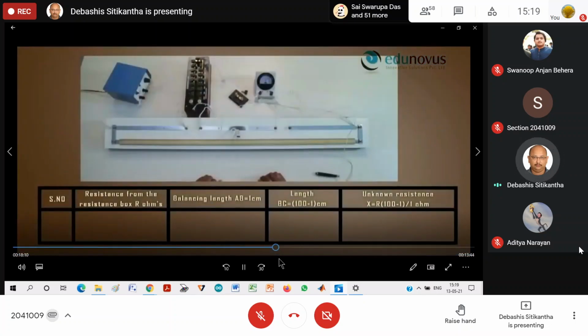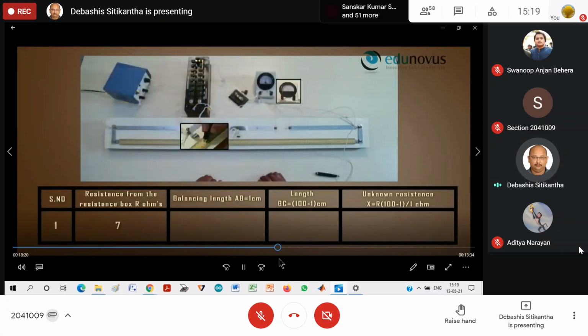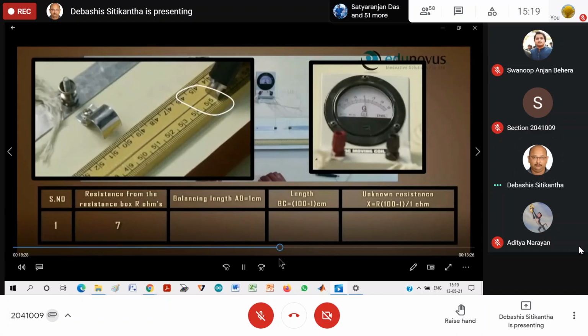Observation table for unknown resistance X. For a resistance of 7 ohm in the resistance box, the galvanometer shows null deflection when the jockey was at 55.3 centimeters. This length of the wire is the balancing length AB, L centimeters.